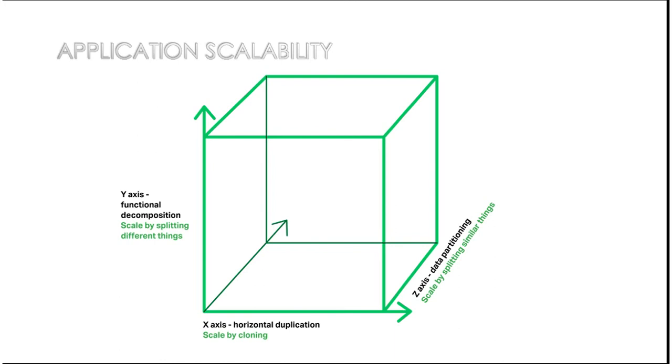Now, in microservice architecture, you can scale in the Y direction as well as the Z direction. It means your architecture can be scalable. You can plug in different applications. So it's a scalable architecture as well as scalable from the data partitioning aspect, so you have your own different data sources. Now you can see how the architecture has evolved and how useful it is.